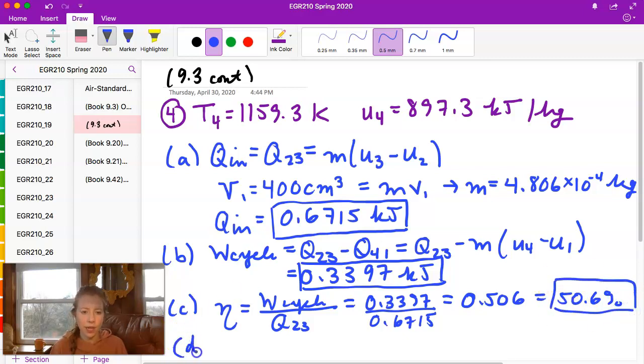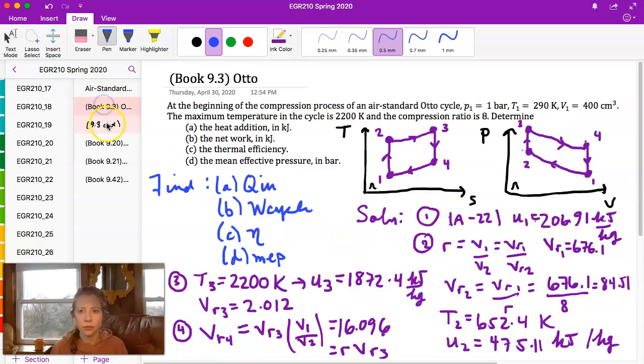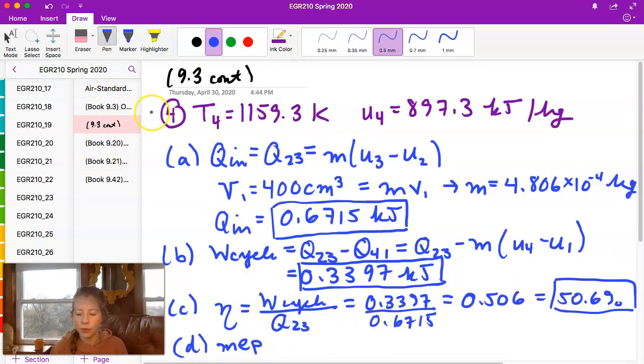Okay, and then lastly, we can get the mean effective pressure. And we want that in bar. So here we get the mean effective pressure is going to be W cycle, which is 0.3397 kilojoules, divided by V1 minus V2, which is going to be the same as V1 minus V1 over R. So we can use that volume that was given to us above.